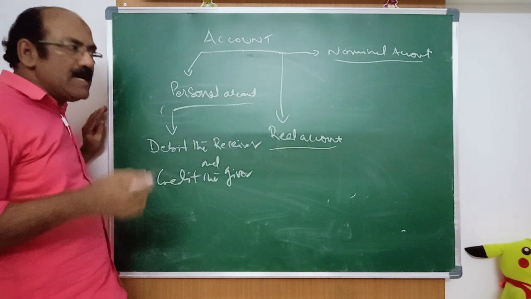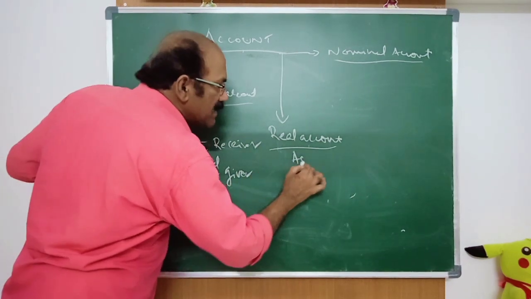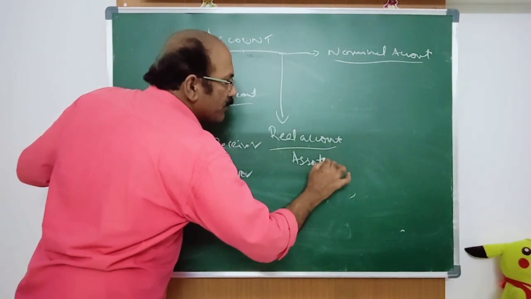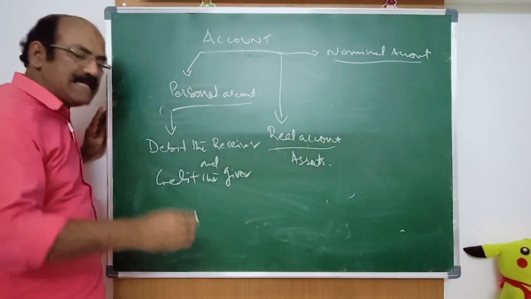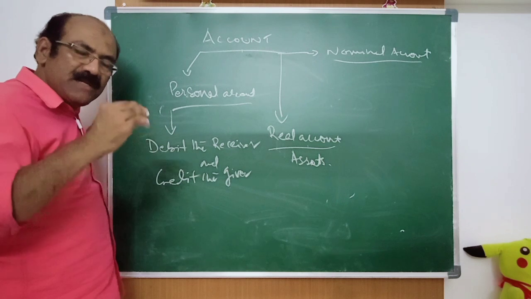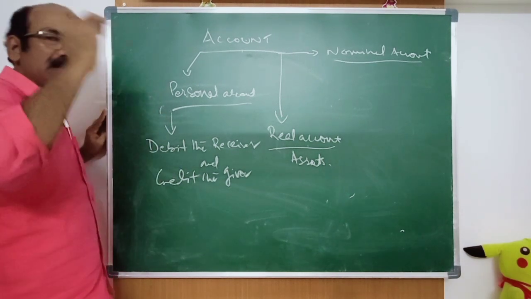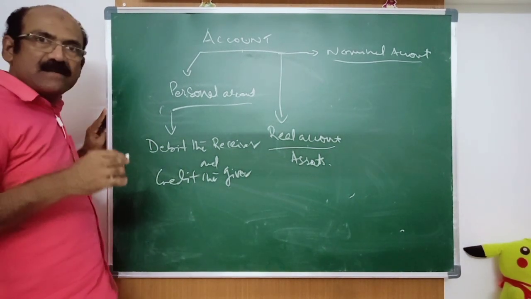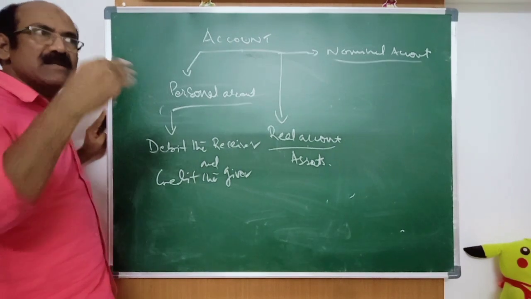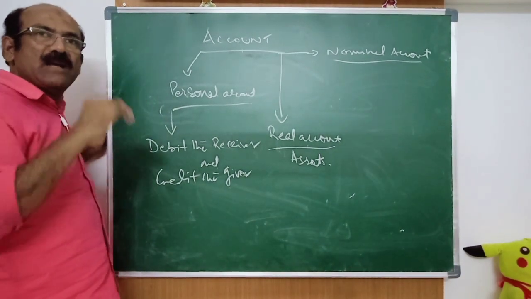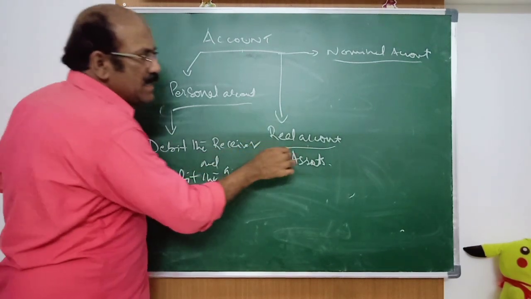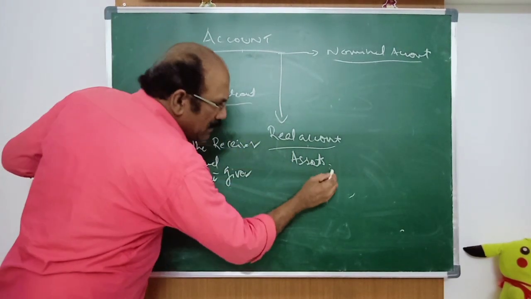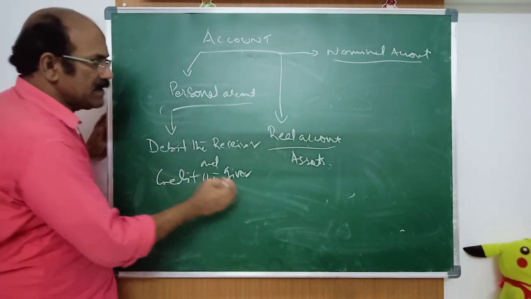Real account is what? Under real account mostly it's assets. How is it? Because it has reality, which means it is something having a physical entity. For example, furniture, fixed assets, motor vehicle, equipment, all stuff like that. So this is under real account. What is the rule? What is the definition?